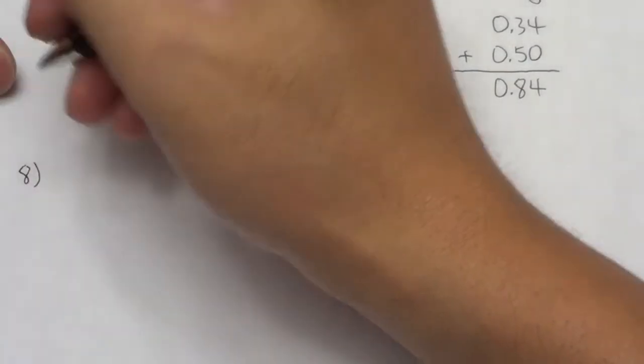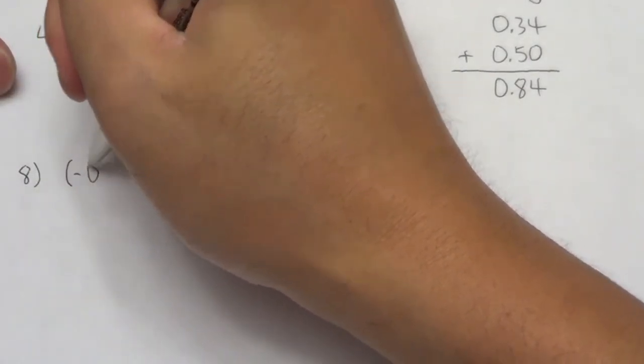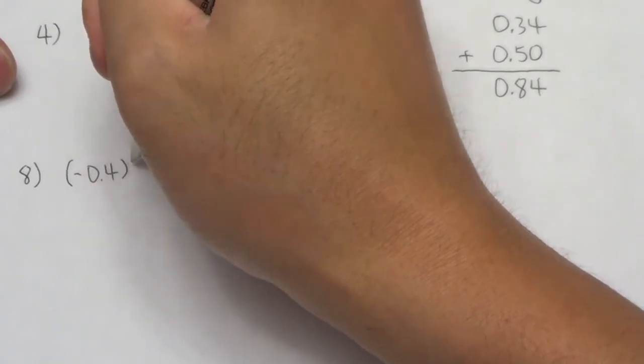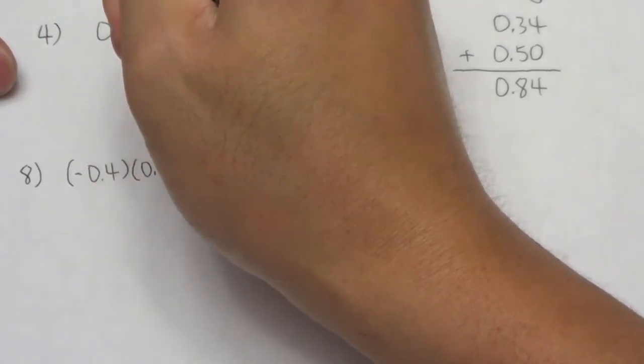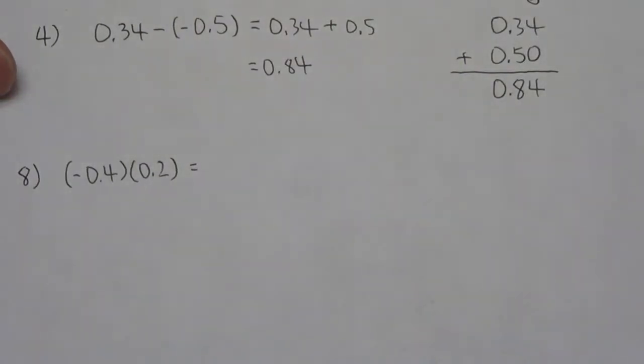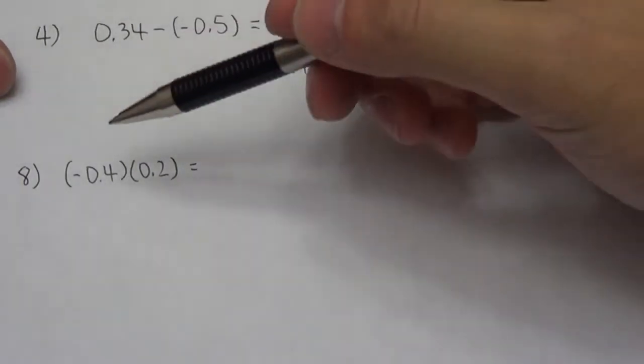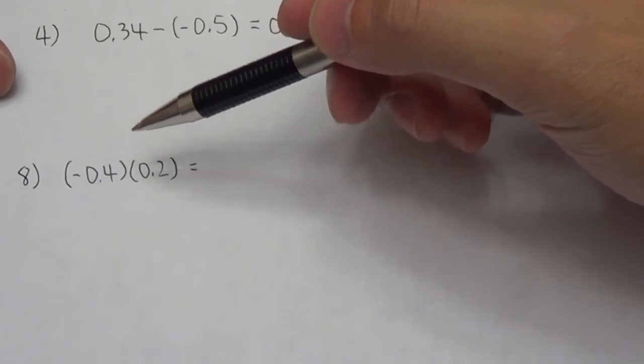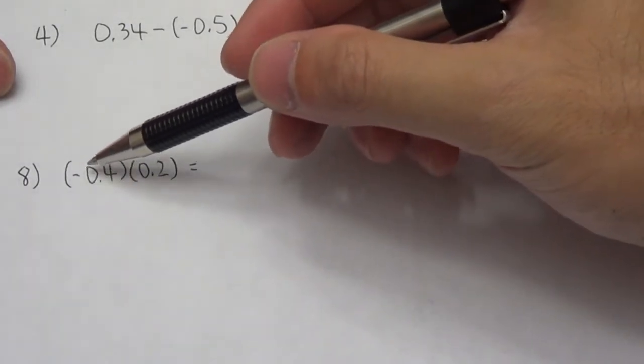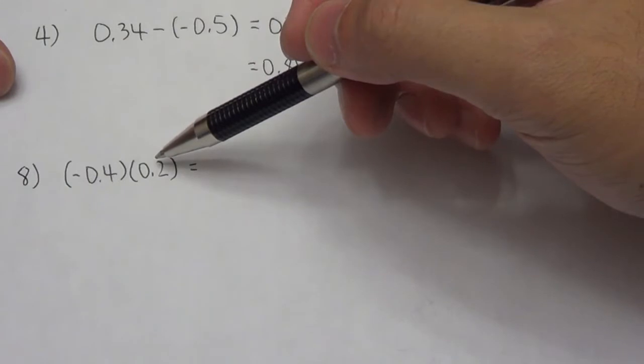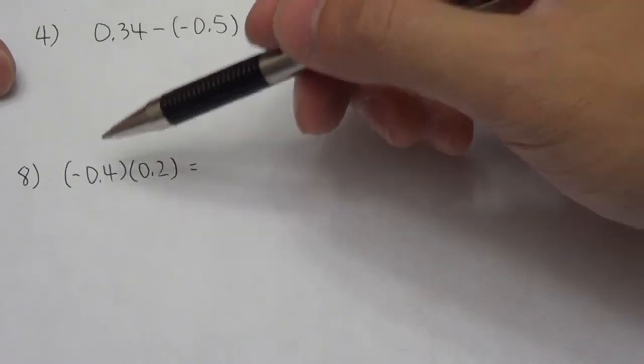Okay, number 8. We have negative 0.4 times 0.2. Okay. Now, first thing I want to note is I am multiplying a negative number and a positive number. So anytime we are multiplying two numbers with different signs, the answer should be negative.